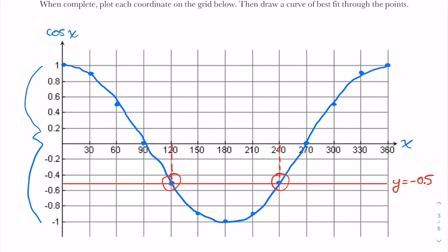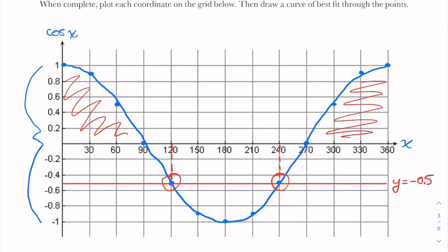And once again, I'm going to ask you, do you see the cast rule here? So notice when we're between 0 and 90 degrees, the y values of the cosine function are above the x-axis. In other words, they're positive. And similarly, when we're between 270 and 360 degrees, the y values again are above the x-axis.